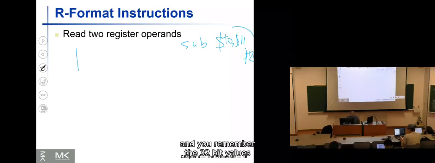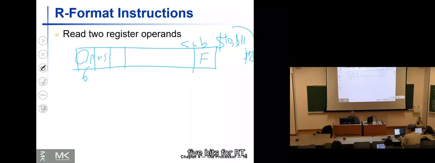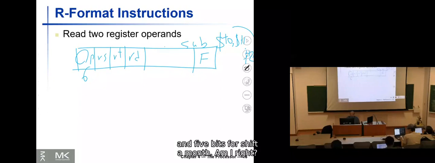And you remember, the 32-bit value was 6 bits for the opcode, 6 bits for the function code, 5 bits for RS, 5 bits for RT, 5 bits for RD, and 5 bits for shift amount.